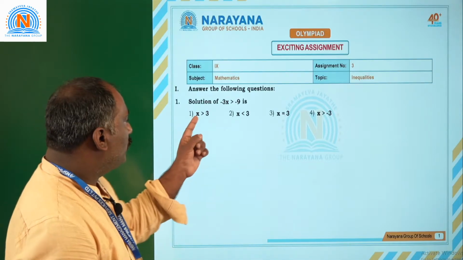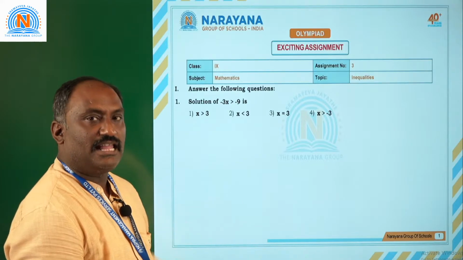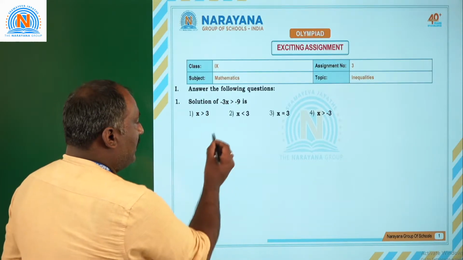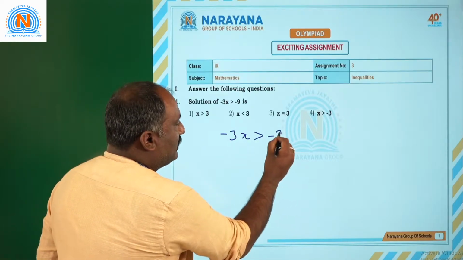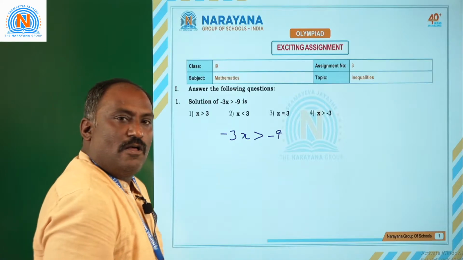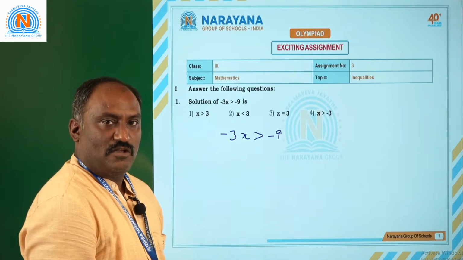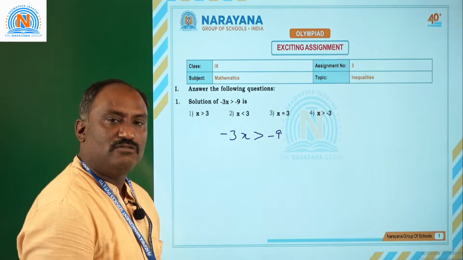See, solution of minus 3x which is greater than minus 9. In this one they are telling that minus 3x is greater than minus 9. From this one I can say very clearly I want the value of x. When I want the value of x, I don't want the negative symbol here.